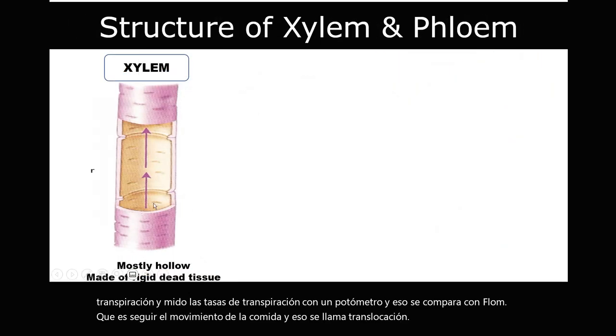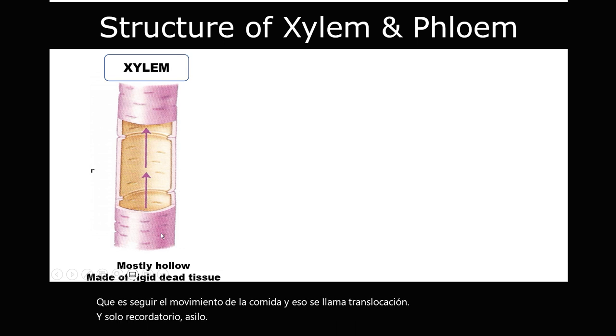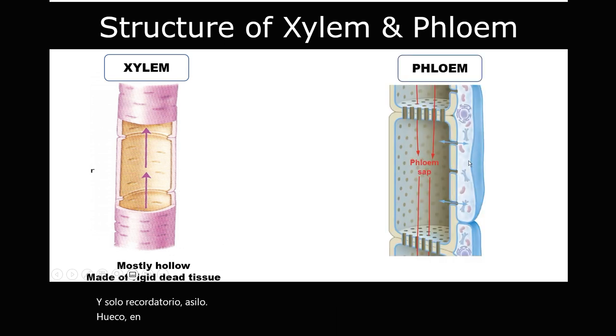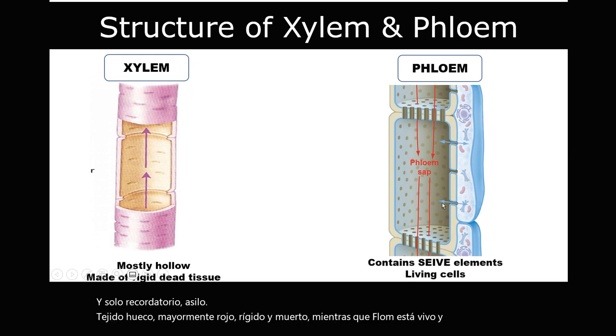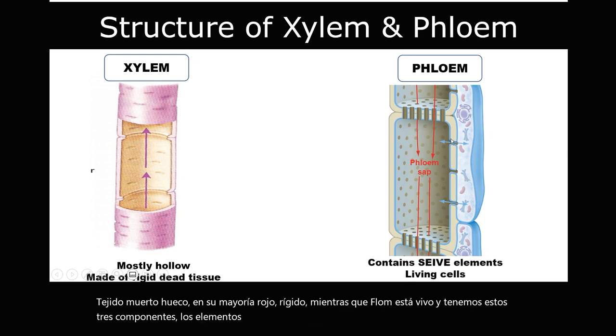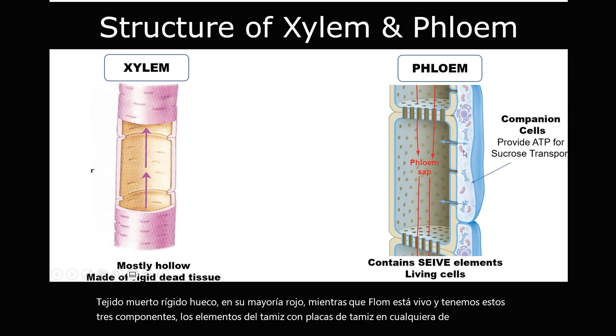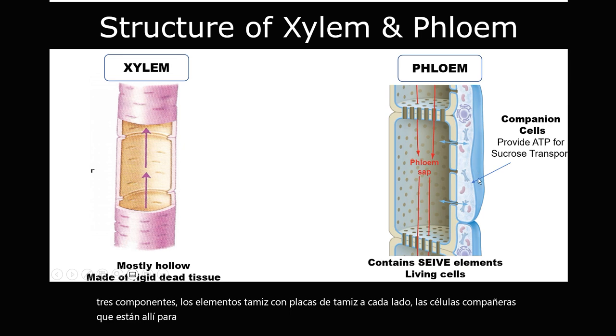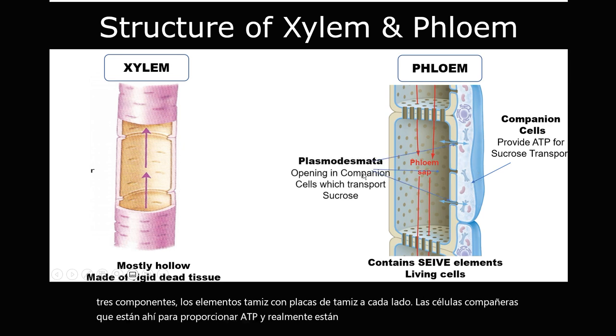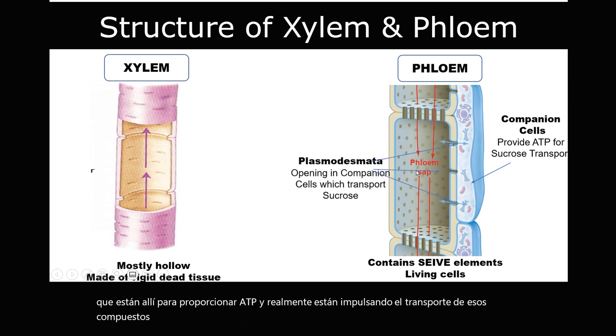And just a reminder, xylem is hollow, mostly rigid dead tissue, whereas phloem is living. And we have these three components: the sieve element with sieve plates on either side, the companion cells, which are there to provide ATP and are really driving the transport of those organic compounds, and the plasmodesmata. So phloem: sieve element, sieve plate, companion cells, and the openings are plasmodesmata.